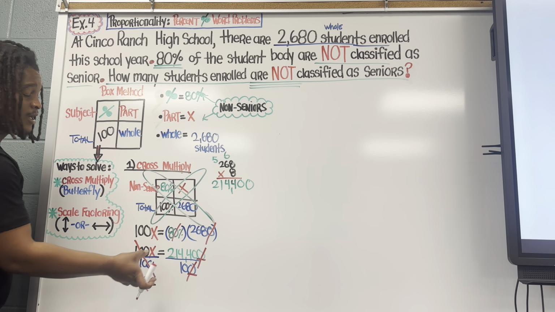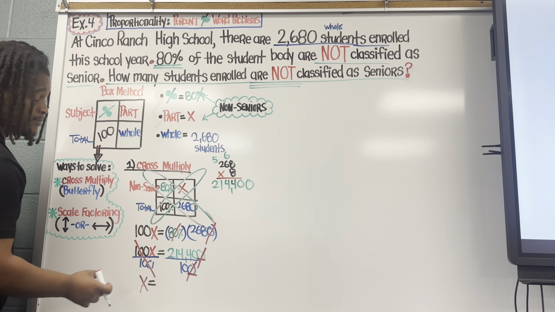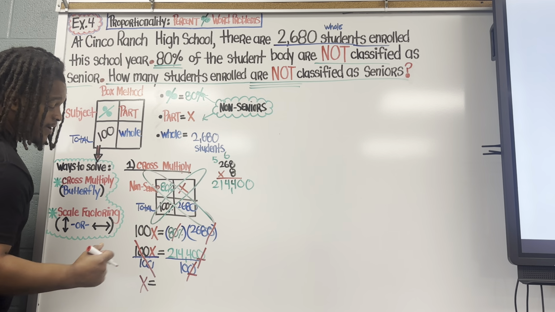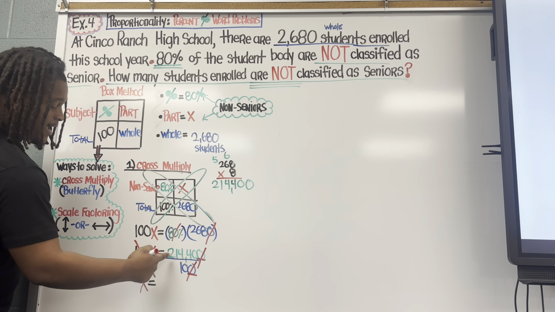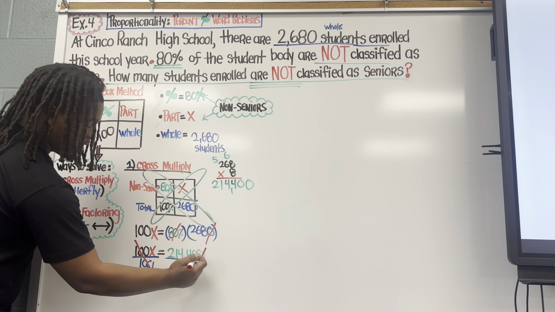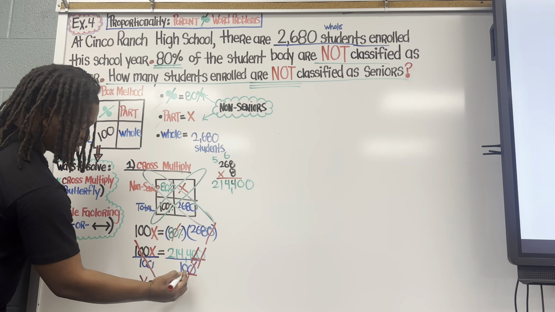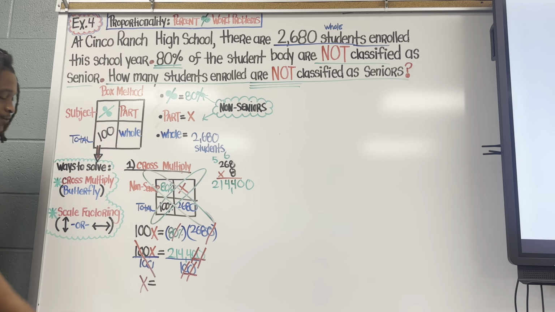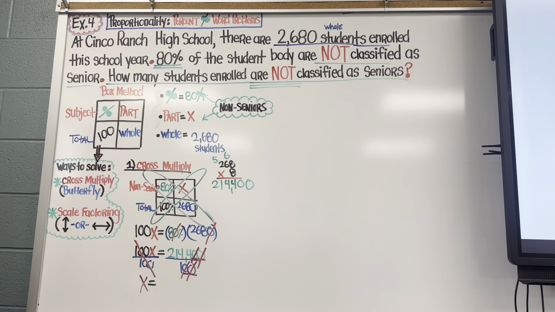And it only works if both numbers have zeros in the ones place. Now I have 21,440 divided by 10. Once again, this has a zero in the ones place, and 10 has a zero in the ones place. So it's the same as saying 2,144 divided by 1, which is 2,144.